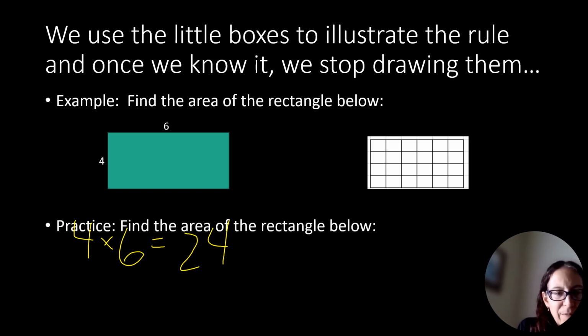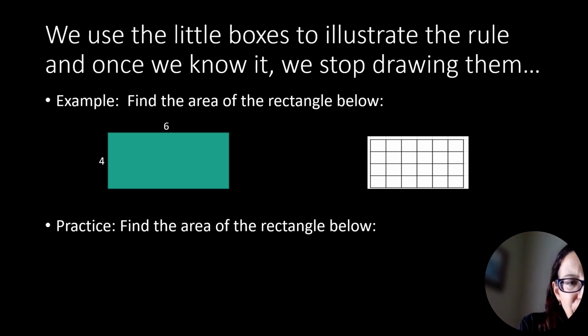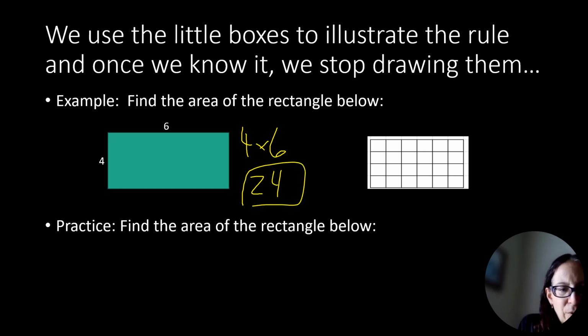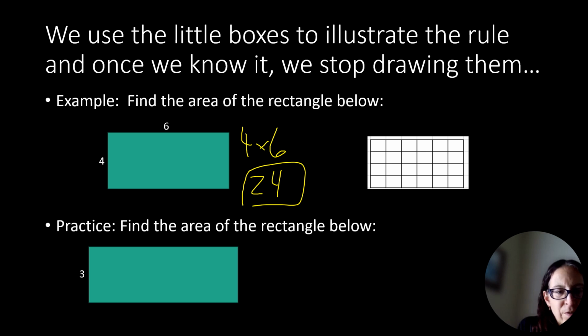So, there's going to be another rectangle below. Let me take a second, erase that, and move it over here. 4 times 6, and that is 24. So a little quick practice problem: 3 by 7.